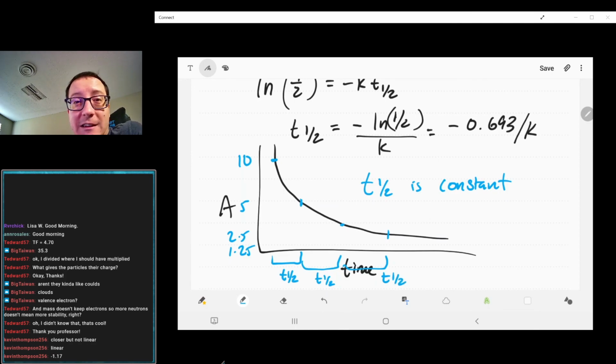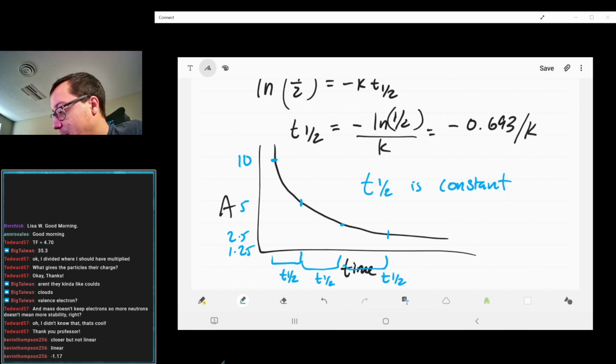So we can relate the half-life to the rate constant using this relationship, using the natural log of 1/2. There are technically half-lives that you can make with other orders of reactions, but they are not very common, and we're not really going to use those.